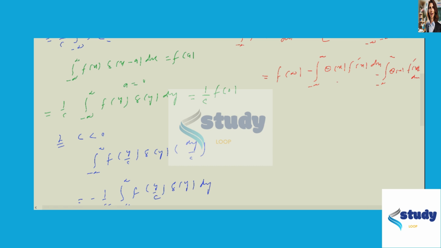The boundary term is equal to f(infinity), since theta is 1 at infinity and 0 at minus infinity. The remaining term is minus the integral of f'(x) dx, with the limits from 0 to infinity, since theta is nonzero only for x greater than or equal to 0, where it is equal to 1.